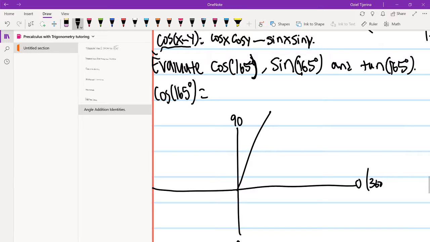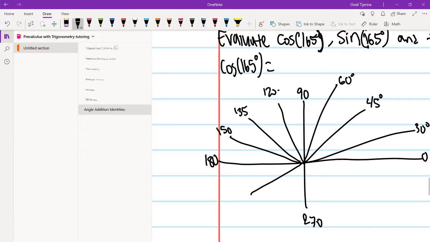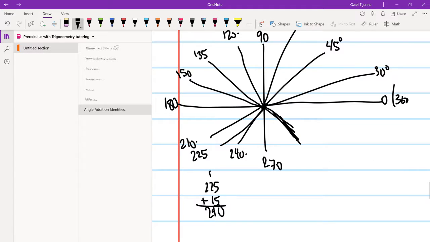And you also have 210, and then 225, and then 240, and then you'd have 270, and then 300, and then 315, and then 330, and then 360.